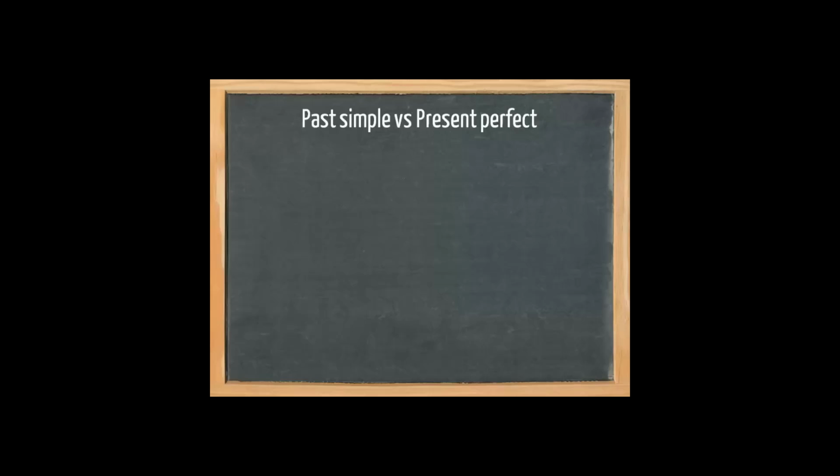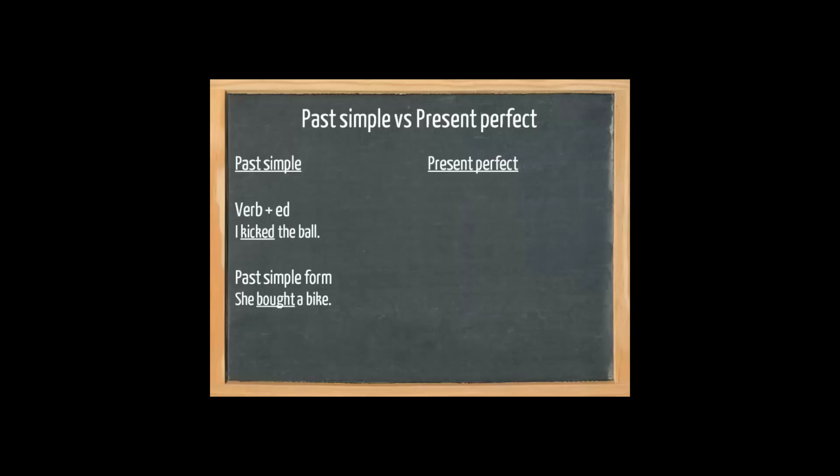Now first we're going to take a look in how to form a past simple and how to form a present perfect. For the regular verbs, we take the infinitive form of the verb and add ed for the past simple. For example, I kicked the ball. For the irregular verbs, we use the unique past simple form. For instance, she bought a bike.